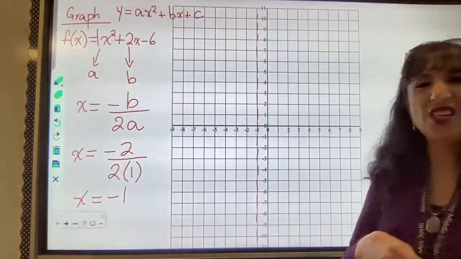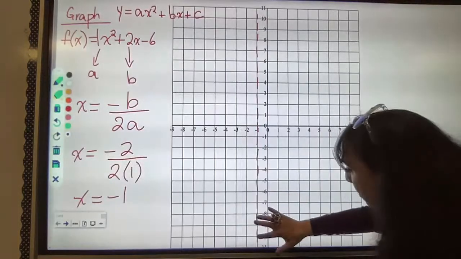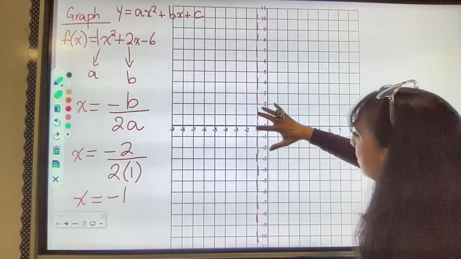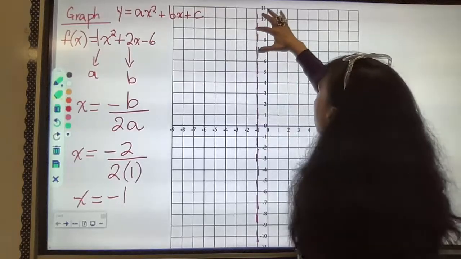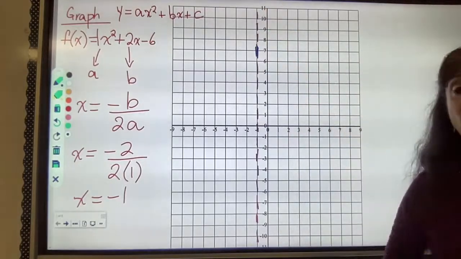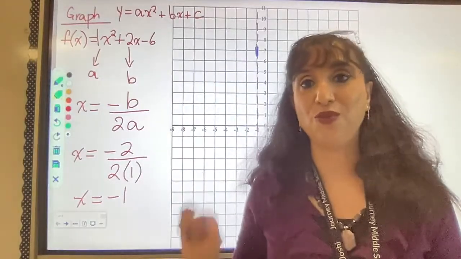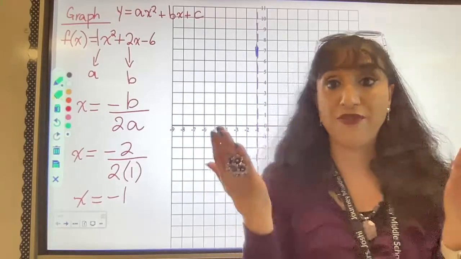I hope you can see that red. I can just do it with the blue if that makes it better. But there is my axis of symmetry, which is at -1. So this line is my axis of symmetry. I always like to put that out because I know my vertex is going to fall over there, and then my parabola is going to be symmetric on both sides of that.